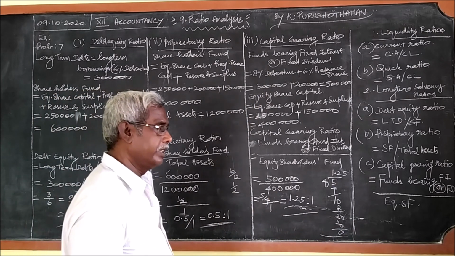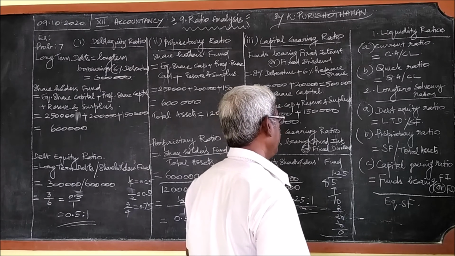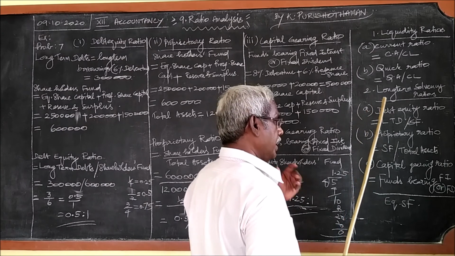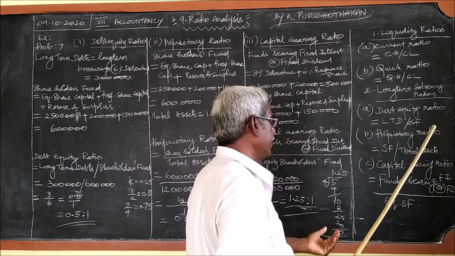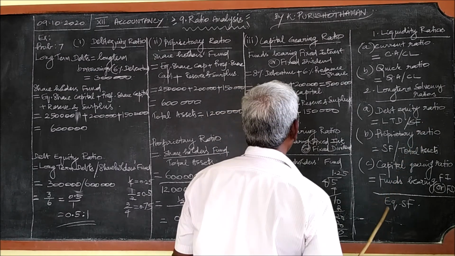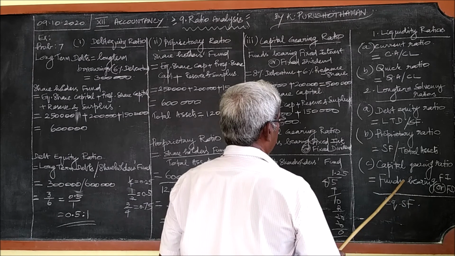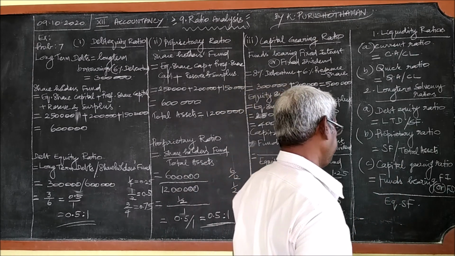The third formula is very important. Capital gearing ratio. What do you mean by capital gearing ratio? Capital gearing ratio is equal to funds bearing fixed interest or fixed dividend divided by equity shareholders fund. The numerator and the denominator are different terms.